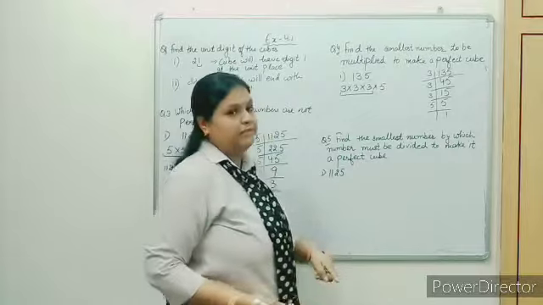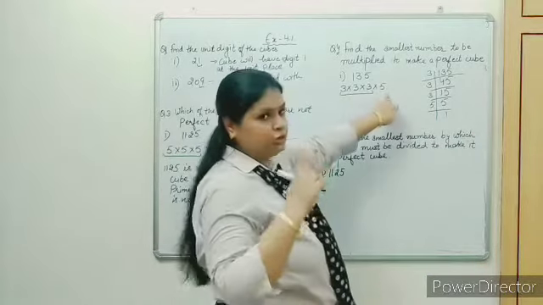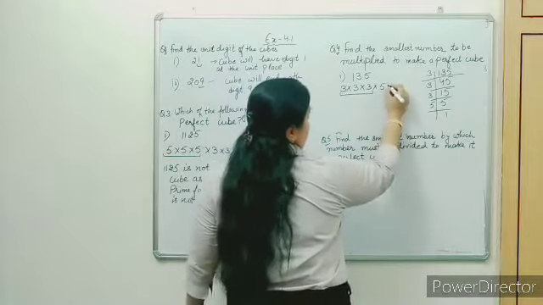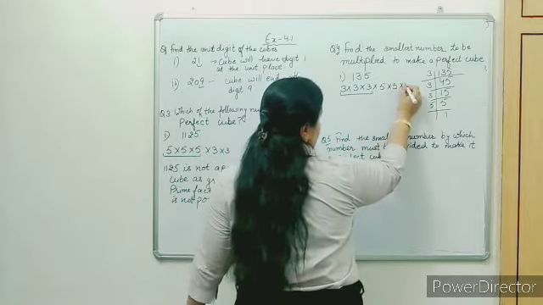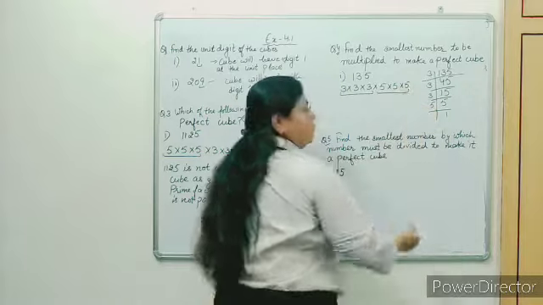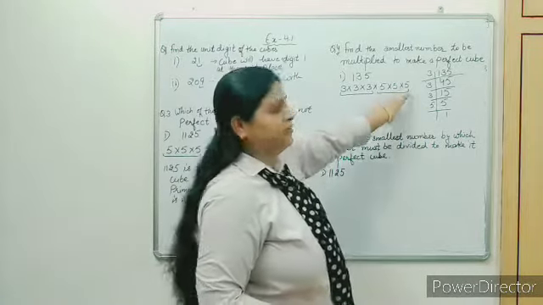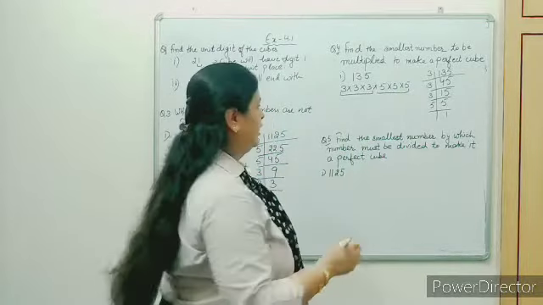So if we multiply it with 5 twice, अगर हम इसको 2 बार 5 से multiply करते हैं, means multiply by 5 multiply by 5, तो इस 5 का ग्रुप भी कंप्लीट हो जाएगा. तो it means it should be multiplied by 25. 5 into 5 क्या होता है? 25.